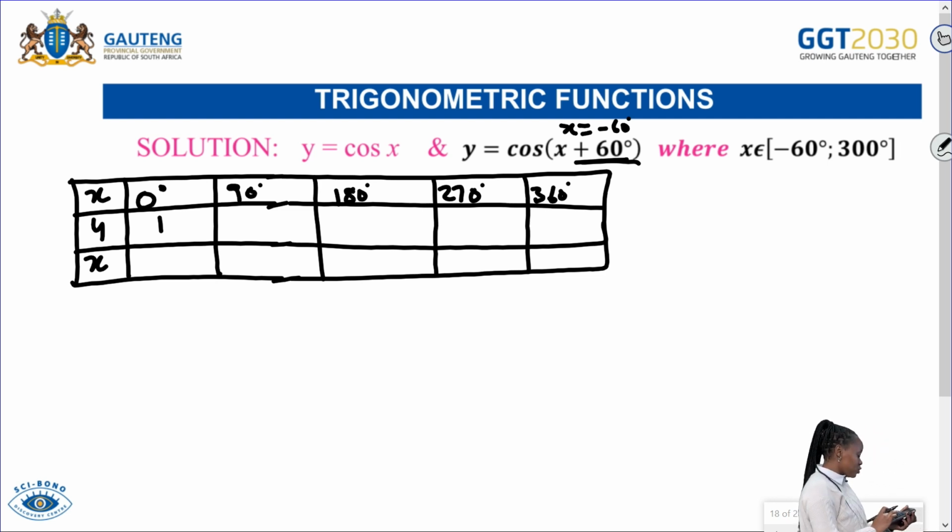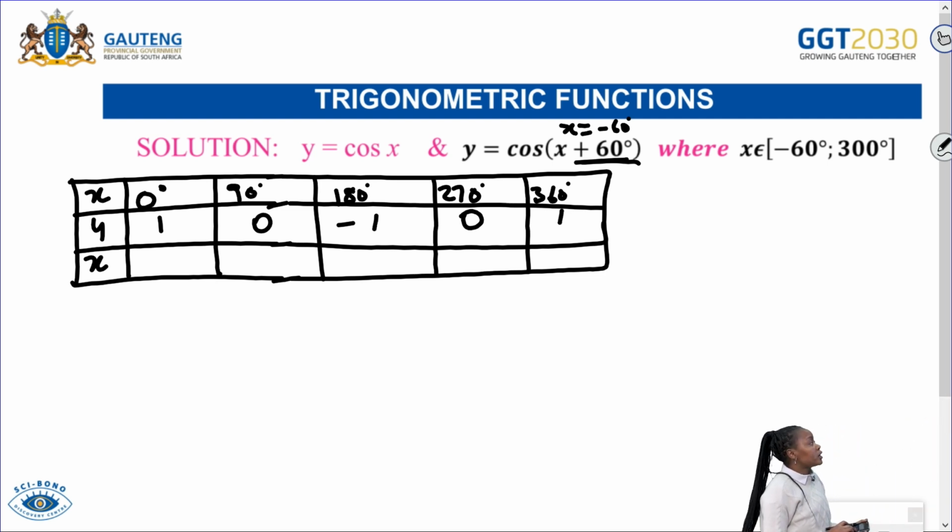At cos 90 degrees, you are going to have 0. At 180, you'll have negative 1. At 270, you'll have 0. And at 360, you'll have positive 1, right?